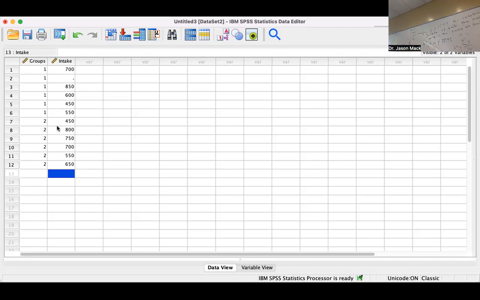Next thing we're going to do is, everybody have this so far? We're going to click on Analyze, Compare Means, Independent-Samples T Test. Using the arrows, we're going to move intake into the test variables and group into the grouping variable, like that.